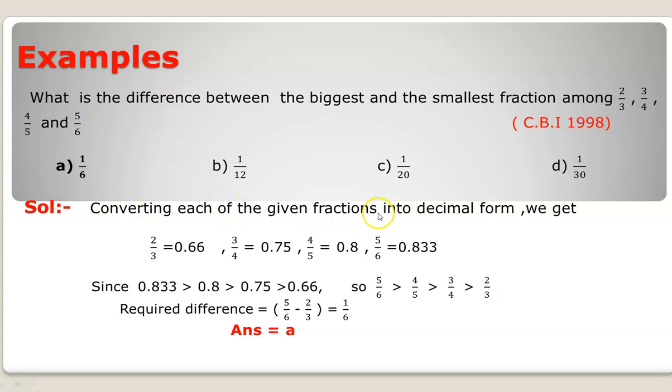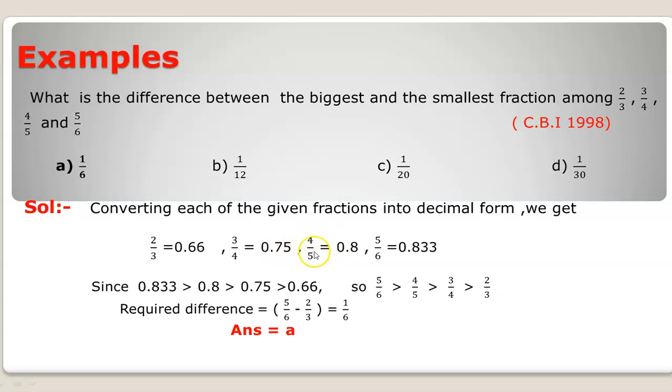Converting each of the given fractions into decimal form we get: the first fraction 2 upon 3 is equal to 0.66. Next fraction is 3 upon 4, which is equal to 0.75.